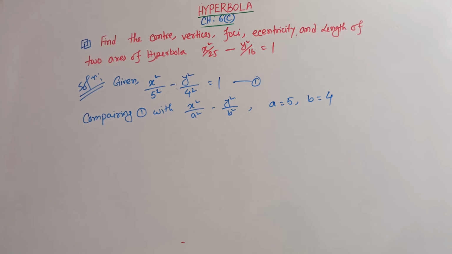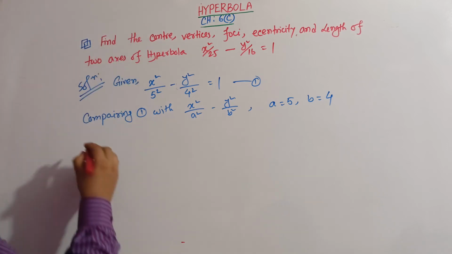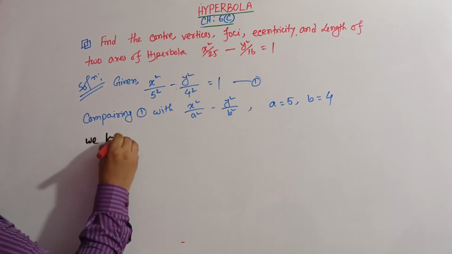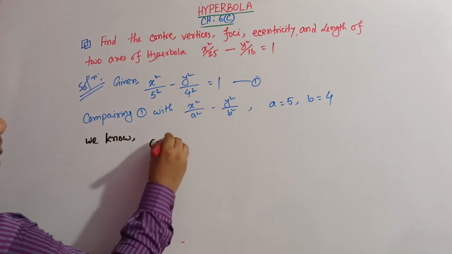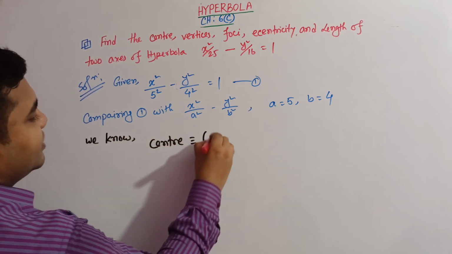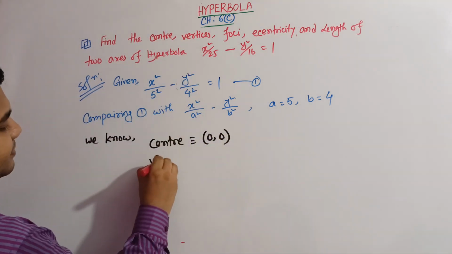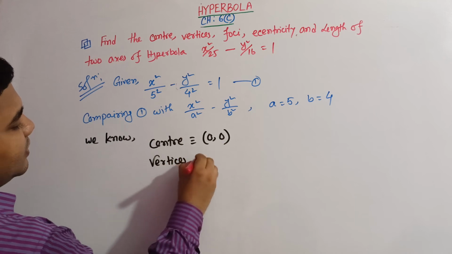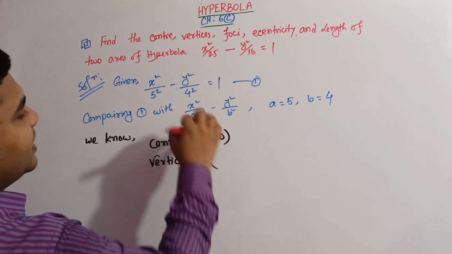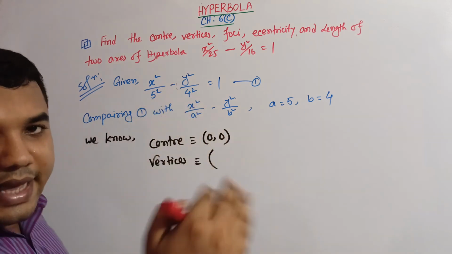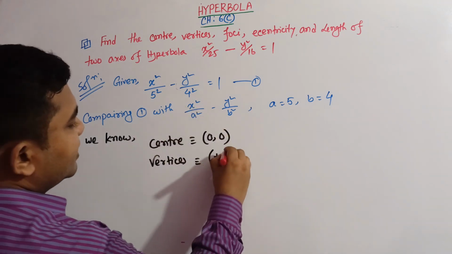Okay, now from here we can write the center. We know the center is 0, 0, no sense in here. Then the vertices should have been plus minus a comma 0, so it should be plus minus 5 comma 0.